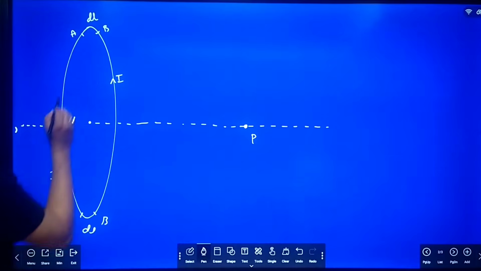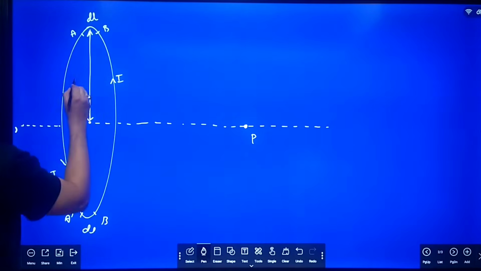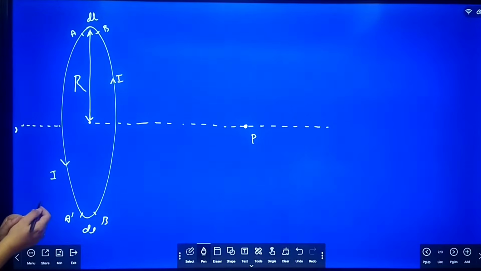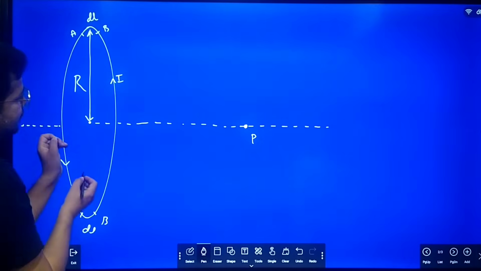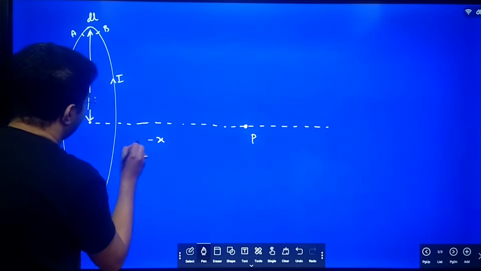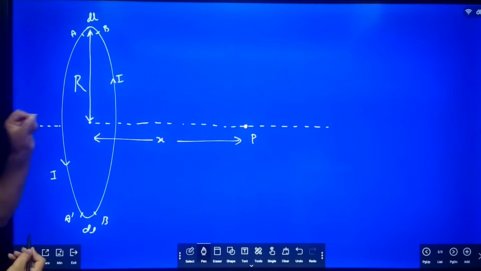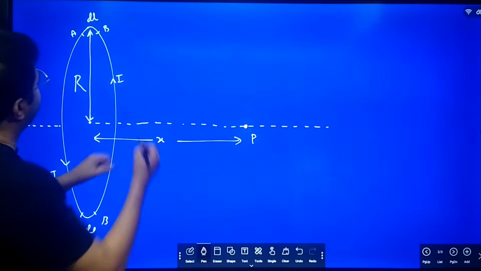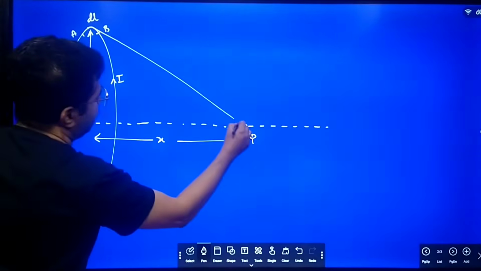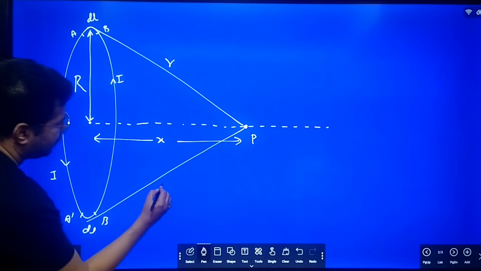The radius of the circular coil, let it be capital R. The distance of the point from the center of the circular conductor, let it be x. The distance between the current element and the point P, let it be small r.